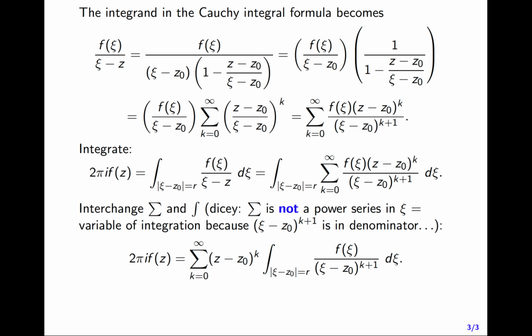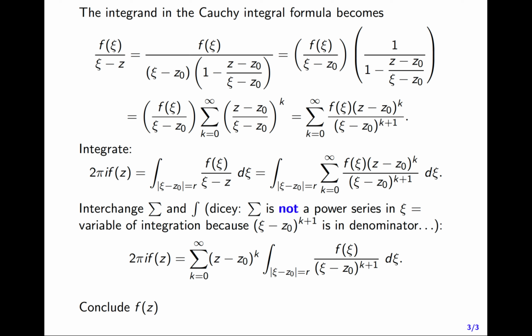So the sum and the integral switch places, and everything that had a c in it stayed inside the integral, just this factor of (z minus c0) to the k. But look what I have now in this sum. I have a sum of powers of z minus c0 times an integral. This integral no longer depends on z. This integral is a constant in z.